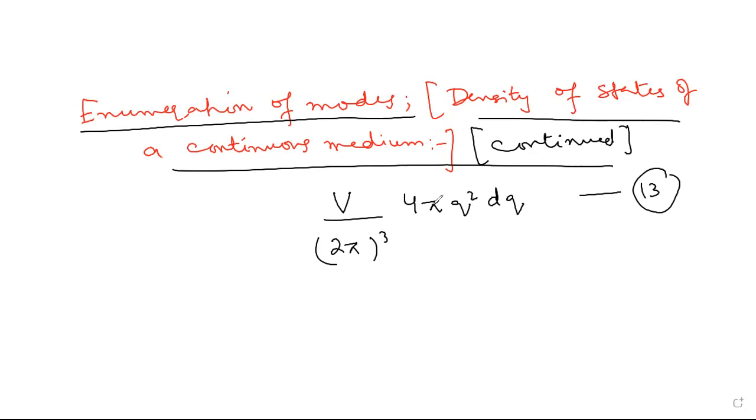Then in the last lecture, we said this quantity, V by 2 pi cube 4 pi q square dq, which we got by differentiating equation 12 with respect to q.